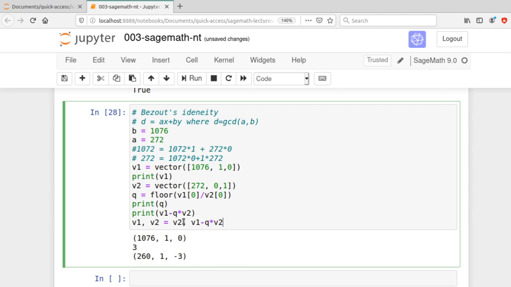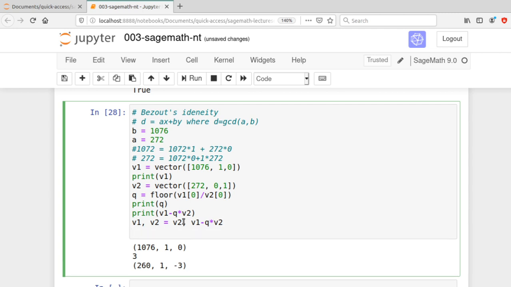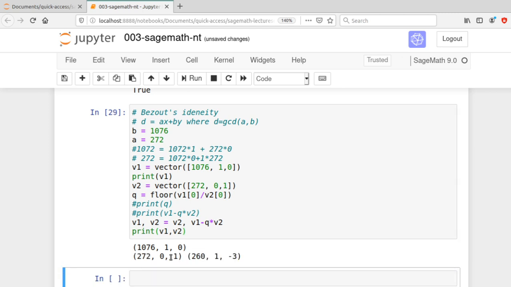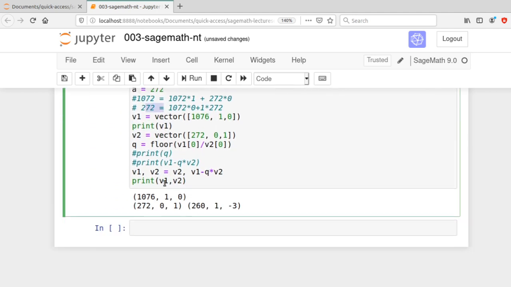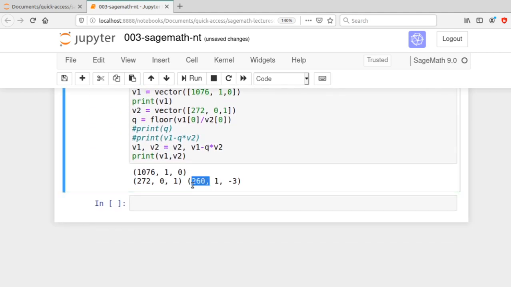So okay, we are going to disable this print command. Also see what the result is. v1, v2, let us see if it changed or not. So we are getting 72. 272 is this row. 260 is the next row.